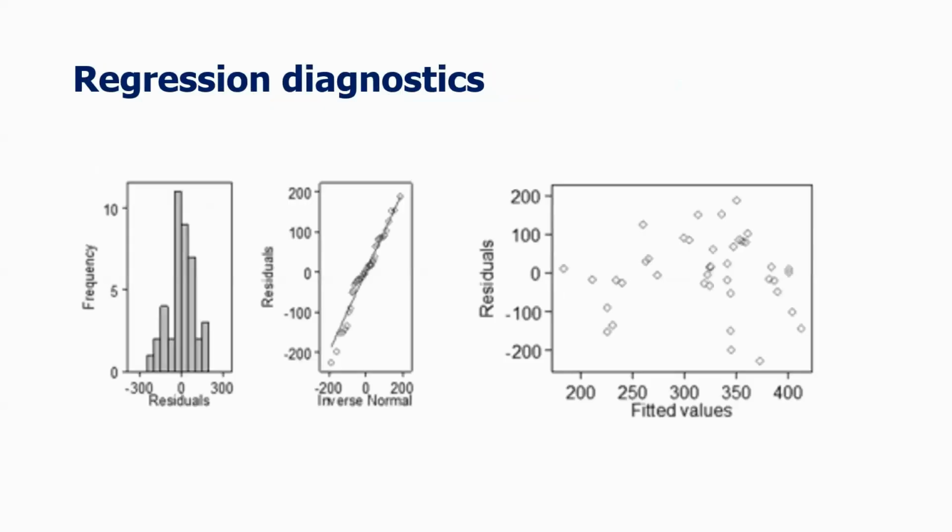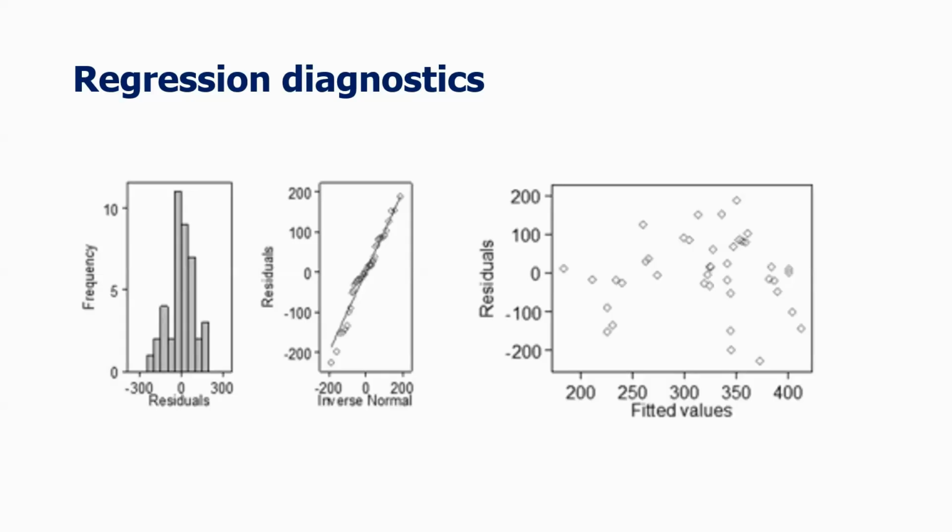So the residuals are used in what we call regression diagnostics. Again, important tools in the exploratory data analysis stage. So we have looked at these graphs before, where the residuals contain information on whether the assumptions of the model that we are using are being met.